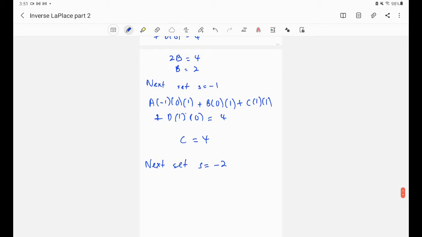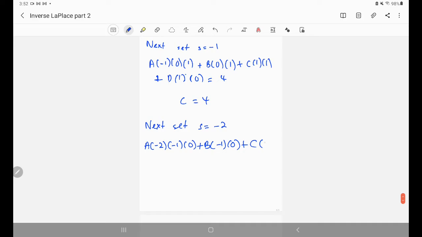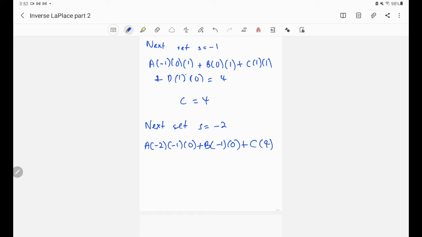Then A(-2)(-1)(0) plus B(-1)(0) plus C(4)(0) plus D(4)(-1) equals 4.